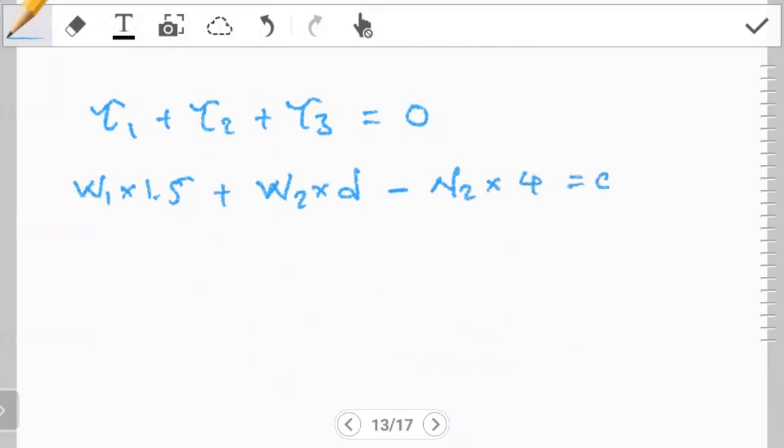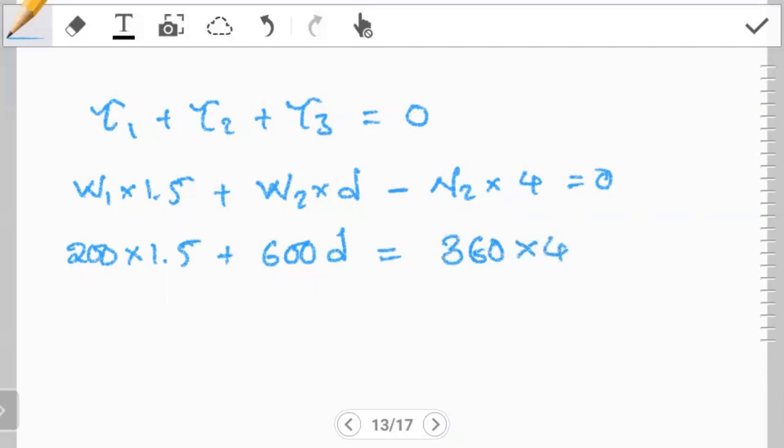This is what gives us 0. So I can substitute. W1 is 200, that's the weight of the ladder, times 1.5, plus W2 is 600, so this becomes 600D. I move this to the other side and substitute what N2 is. I end up with 360 by 4.